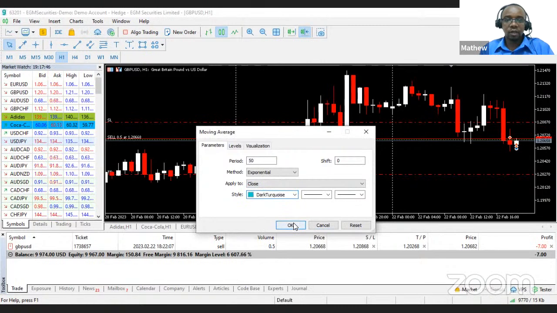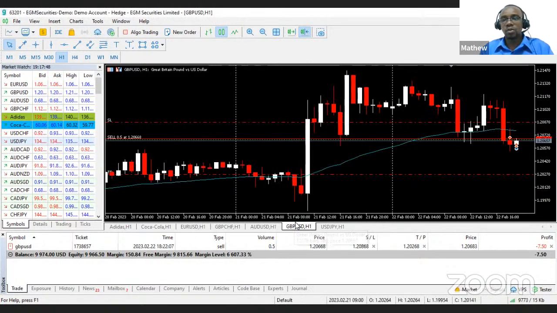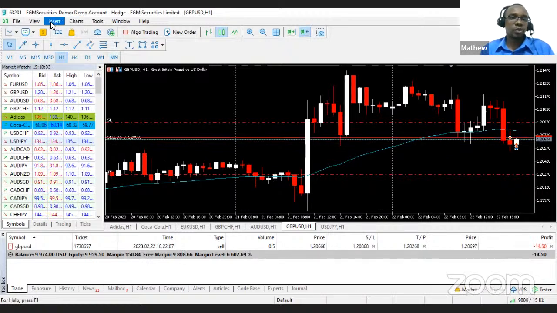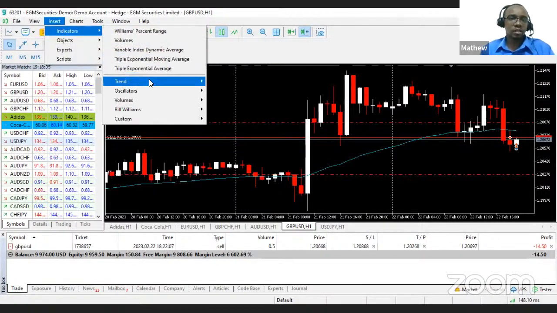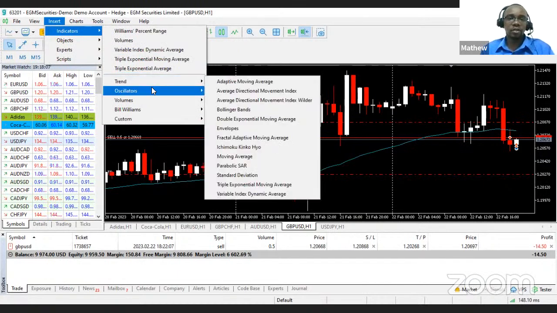And then say okay. So as you can see, the 50 EMA will be set out on your chart, right? So that is how you set out your moving average. Now, all you have to do is go to indicators, set it out, and then it should be there.